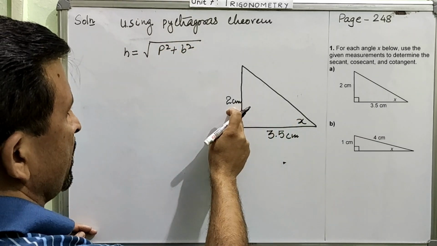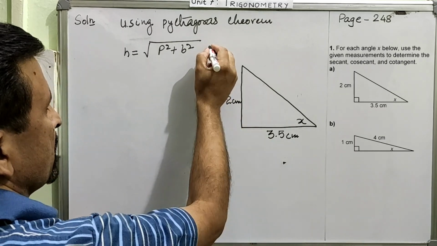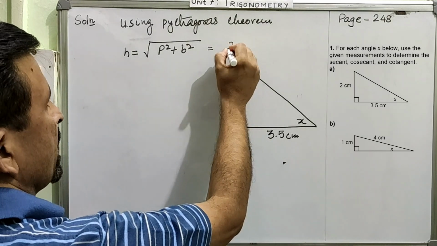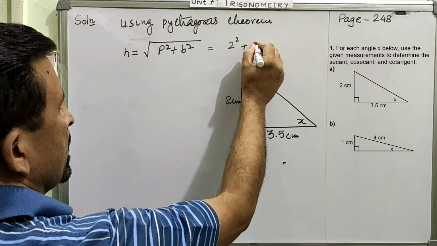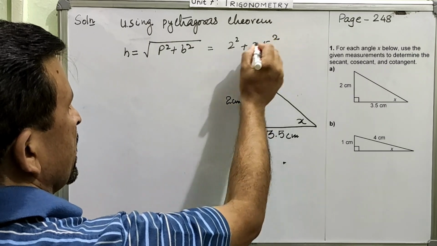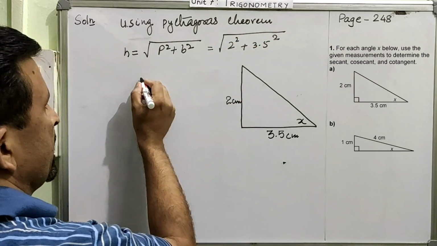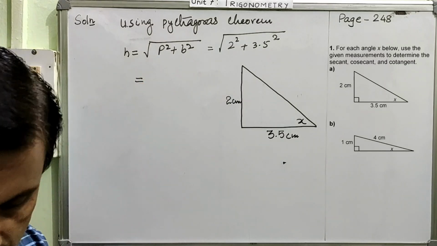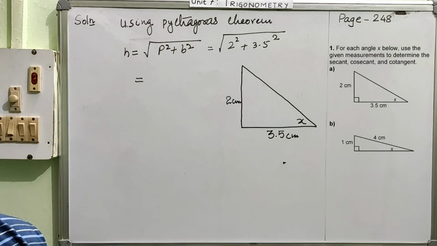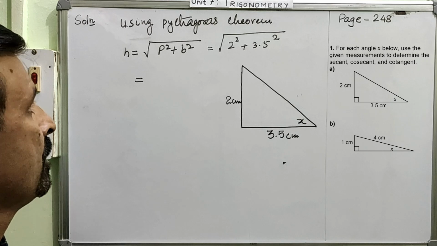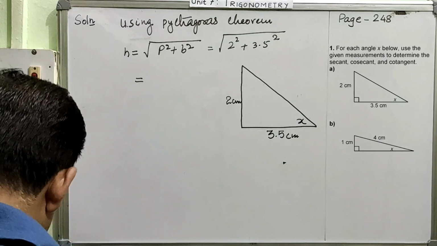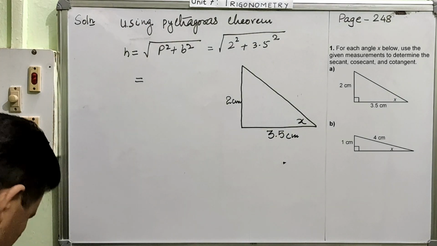For this x, this will be p and this will be b. So this is equal to root over 2 square plus 3.5 square. Is it okay?